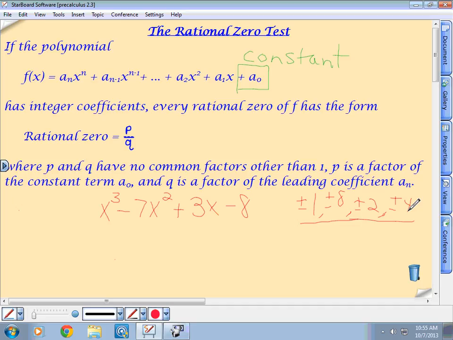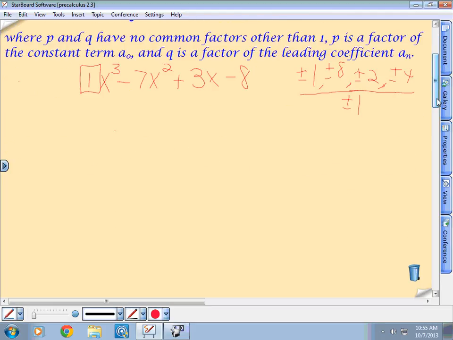Q is the factor of the leading coefficient. What's the leading coefficient? It's just 1, right? Because there's no number. Okay. Now once we have that, that gives us a bunch of numbers.